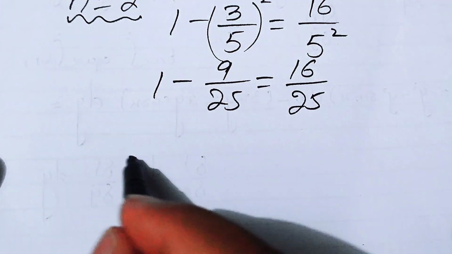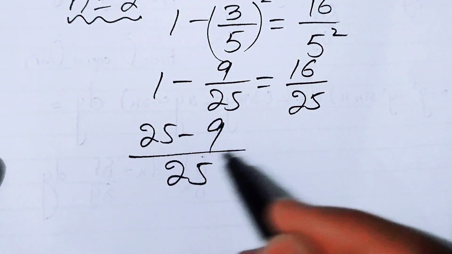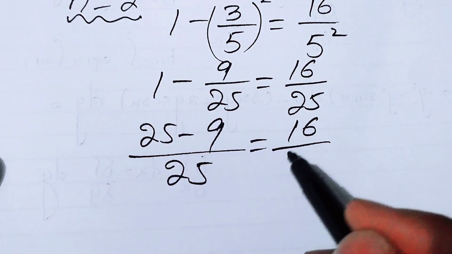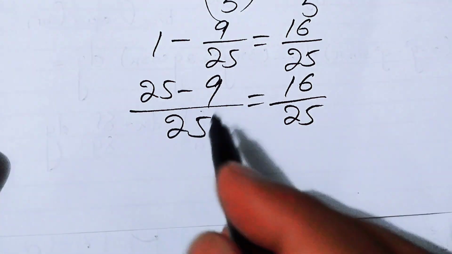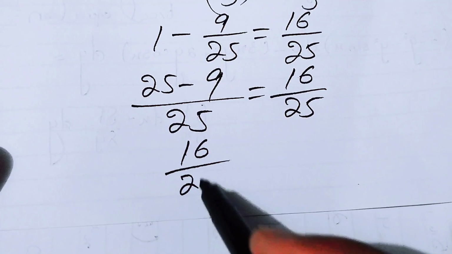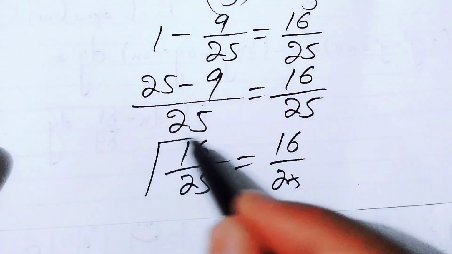And now you take the LCM on the left hand side, and you get (25 minus 9)/25 is equal to 16/25, and finally you get 16/25 is equal to 16/25.